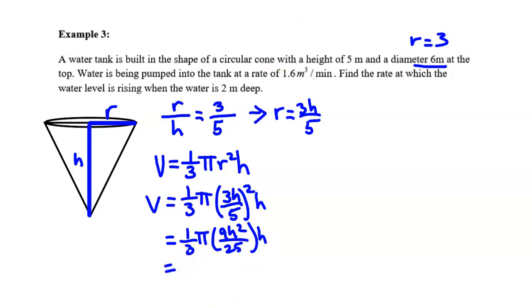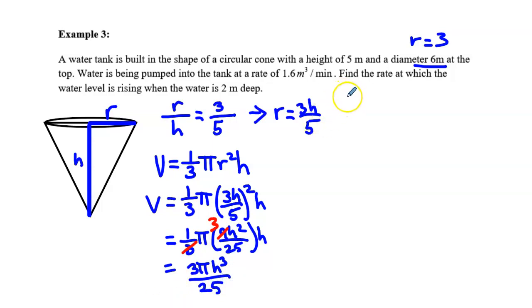Cleaning that up, h squared times h is of course h cubed, so I end up with 3 pi h cubed over 25.